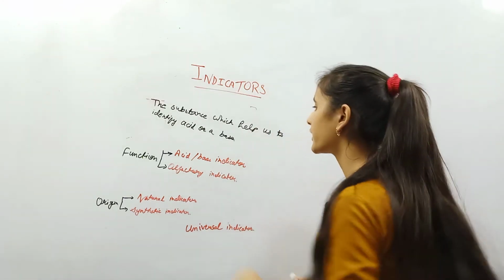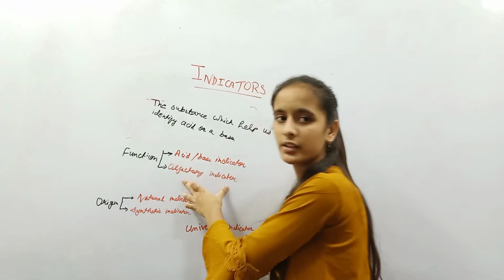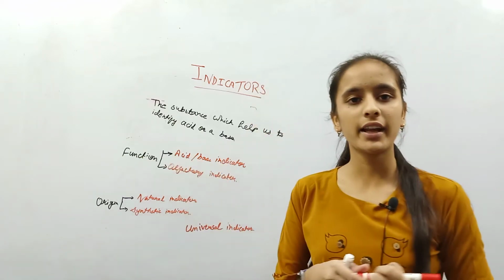First of all, we will study functions. There are two types: acid base indicator and olfactory indicator. First, we study acid base indicators. What are acid base indicators?